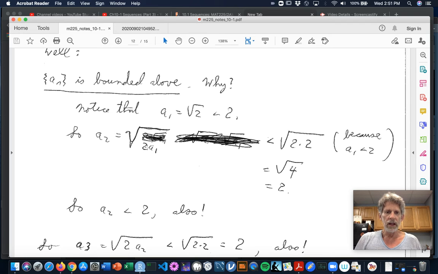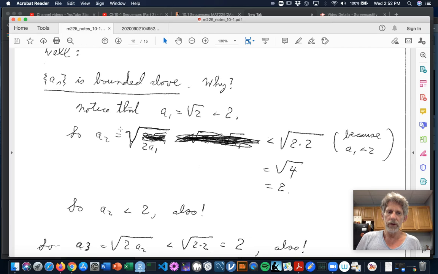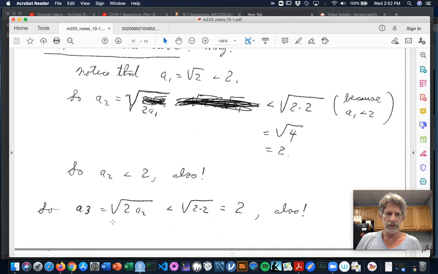Now, a1 is less than 2. So if I just replace the a1 with a 2, getting this, I have something bigger. So a2 is less than the square root of 2 times 2, which is the square root of 4, which is 2. So I have just found that a2 also has to be less than 2. How about a3?